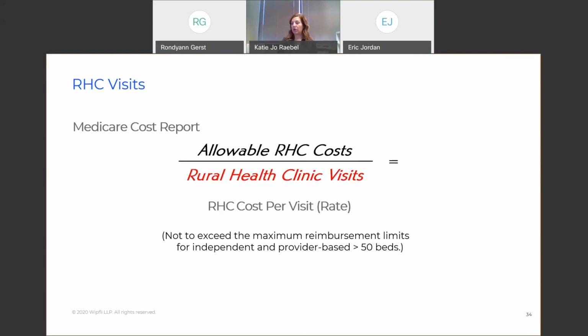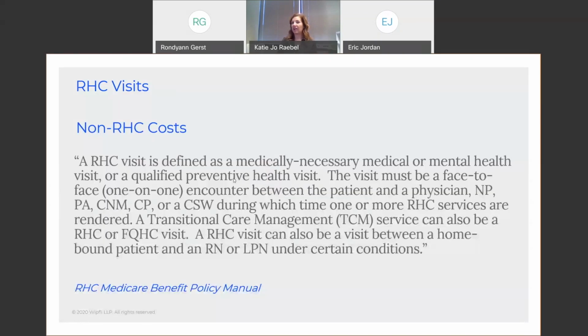But the other big component of this is our denominator. And we've got rural health clinic visits in our denominator. And rural health clinic visits isn't as easy as we think it is because one, we have to make sure that we're calculating our rural health clinic visits correct.